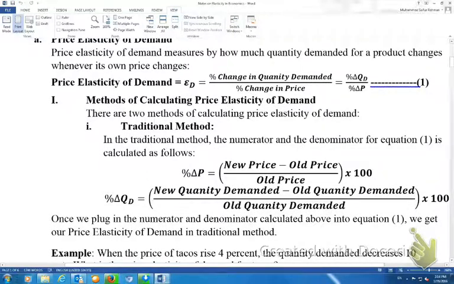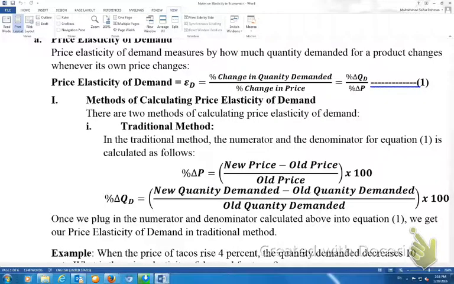In the traditional method, percentage change in price is: you identify the new price, subtract the old price, divide by the old price, and times 100. And percentage change in quantity demanded is: you identify the new quantity demanded, subtract the old quantity demanded from the new one, divide that by the old quantity demanded, and times 100.